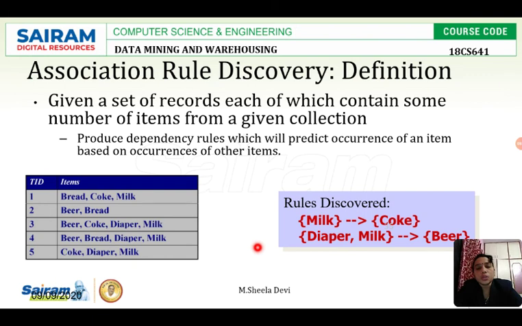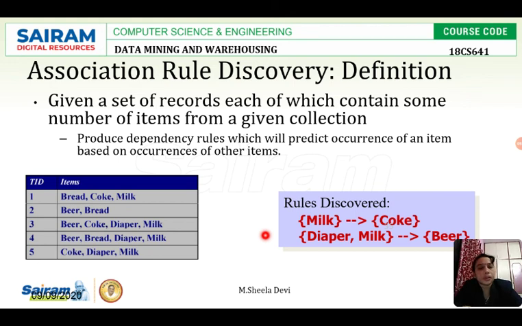So what is the use of discovering these rules? If I have some new set of data, I can predict that if a person gets diaper and milk, there is more chance of getting beer also. So as a supermarket owner, in the rack of diaper and milk, I will also place beer, so that the customer need not search for the beer.